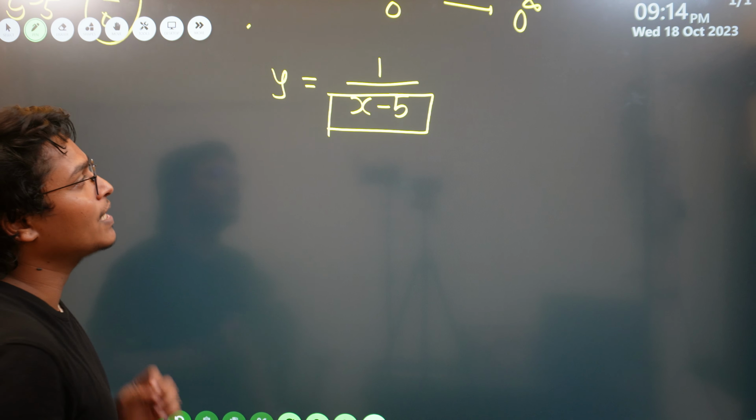Whatever point we get, at that point the given equation is not continuous or does not exist.